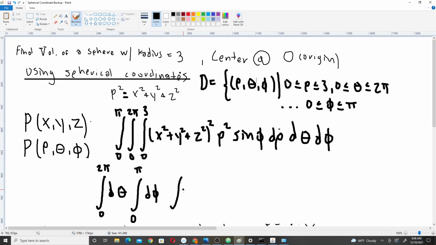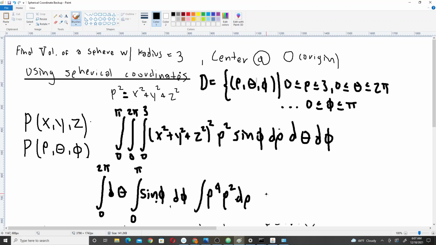And then we get rho to the fourth times rho squared, and don't forget that for d phi, we also need sine phi. I'm going to move this over a little bit so I have room.